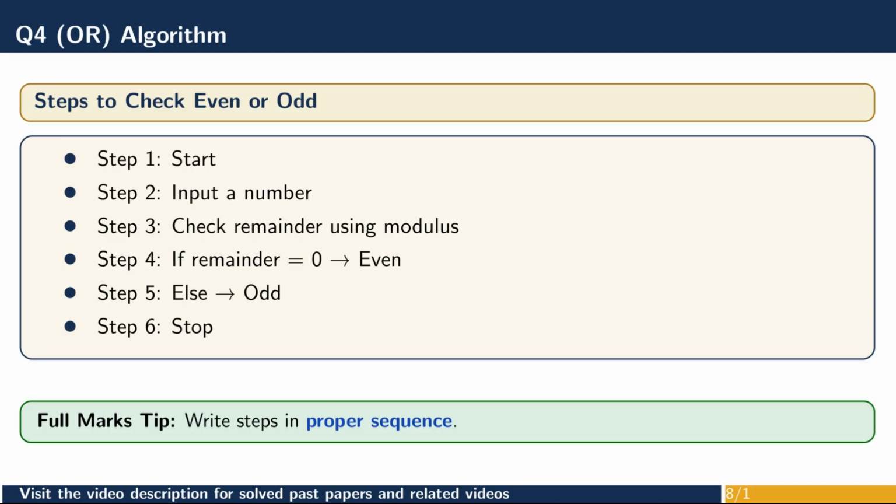Then step number 2, input a number. Step number 3, check remainder using modulus operator. Step number 4, if remainder equal to 0, then number will be even. Otherwise, number will be odd. And last step is to stop. Write steps in proper sequence.